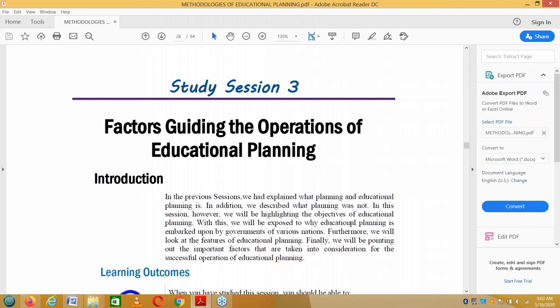We've looked at the concept of educational planning and other planning concepts in our last class. We've talked about administrative planning, academic or curricular planning, all forms of planning.